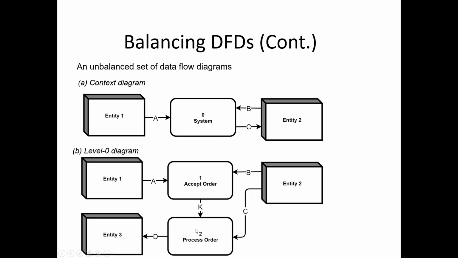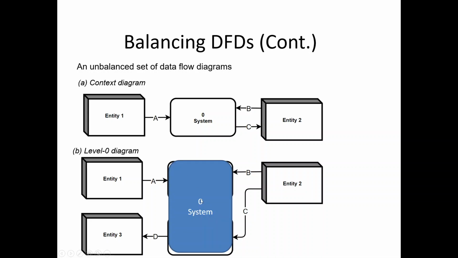So if we compare the two diagrams, we could immediately detect the inconsistencies. For example, we can cover the two processes. Right? So this box would be the system.